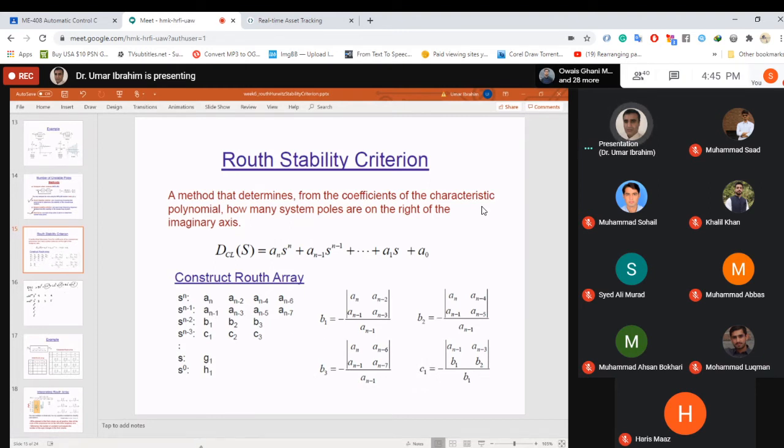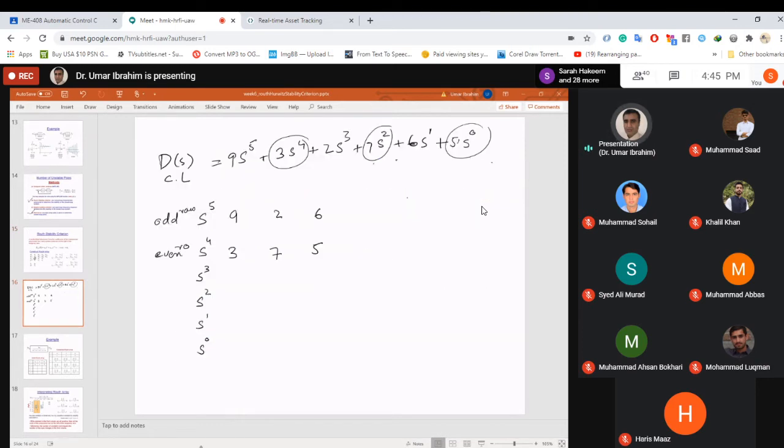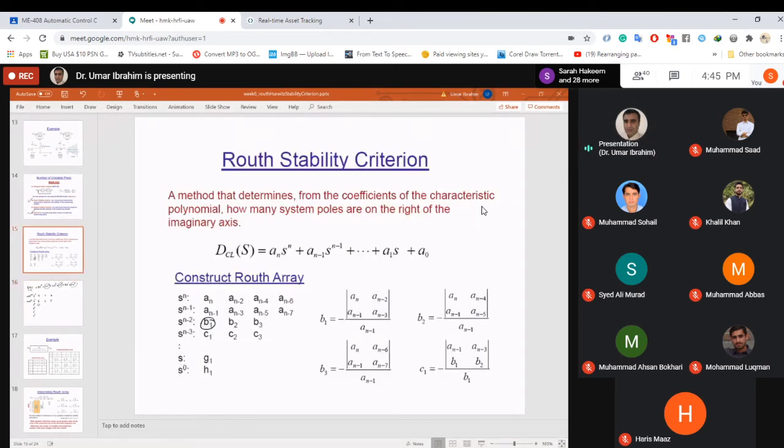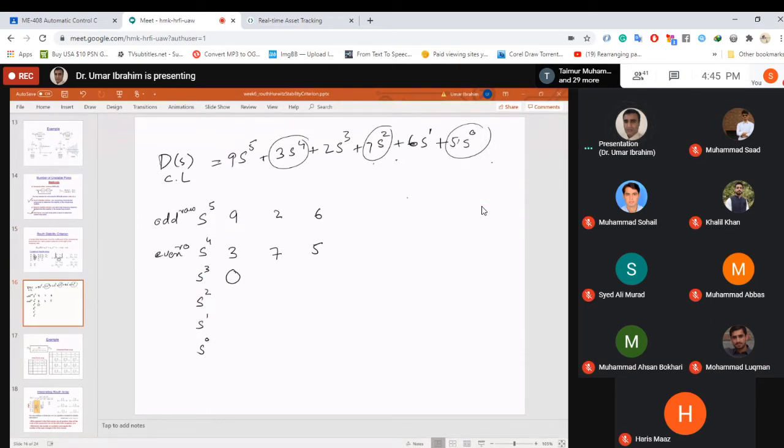So if I want to find this value in our example, what will I do? I'll take a determinant of these two minus determinant of these two, and divide by this value. So what I'll do here, I'll take a determinant of these two with negative sign. Minus determinant of 9, 2, 3, 7, divided by this value.